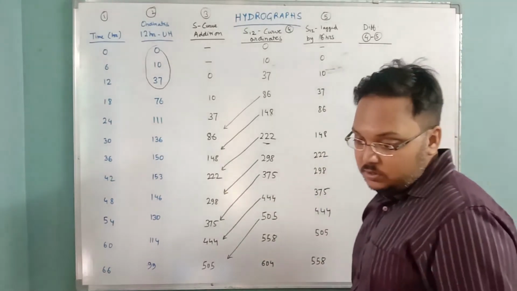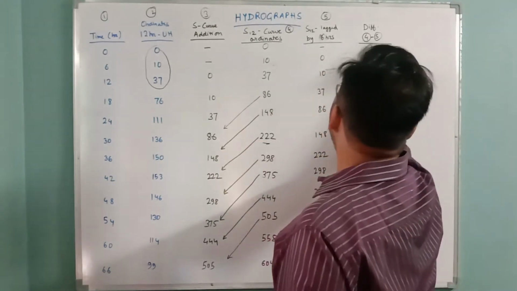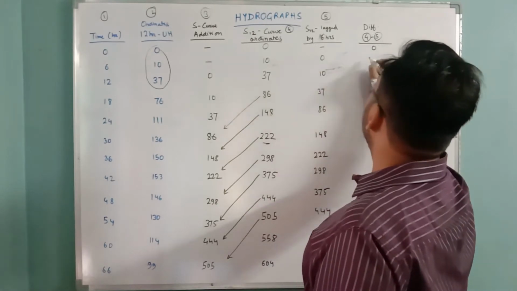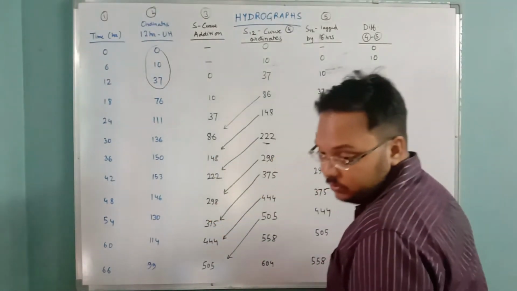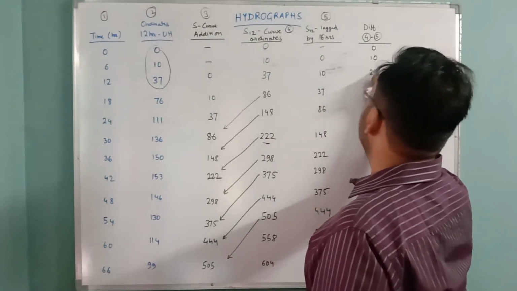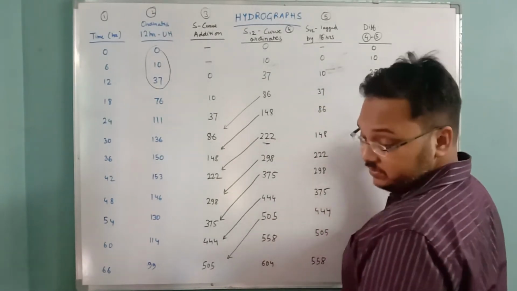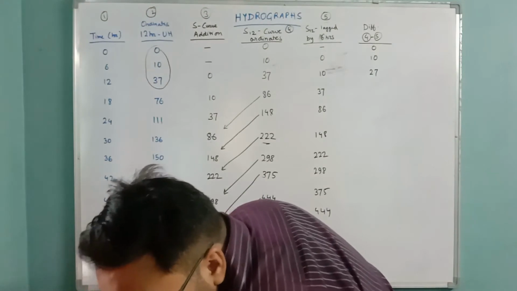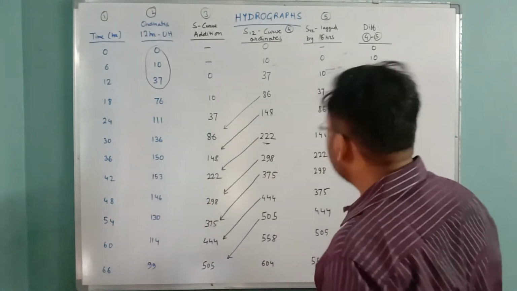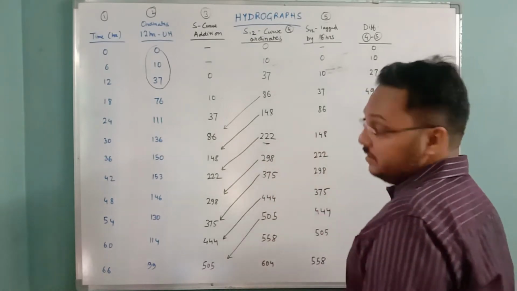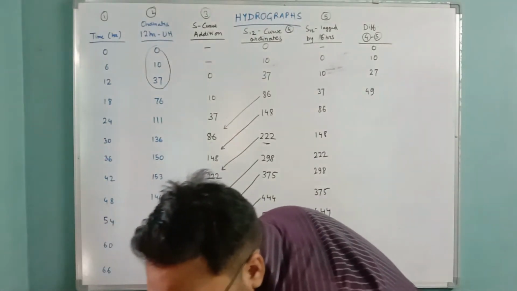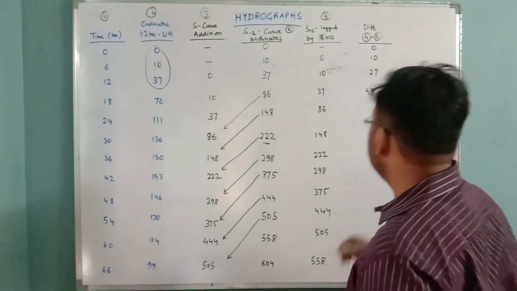Okay, so first it's 0 minus 0 is 0, 10 minus 0 is 10. So 37 minus 10 is 27. 86 minus 37 is 49. 148 minus 86 is 62.